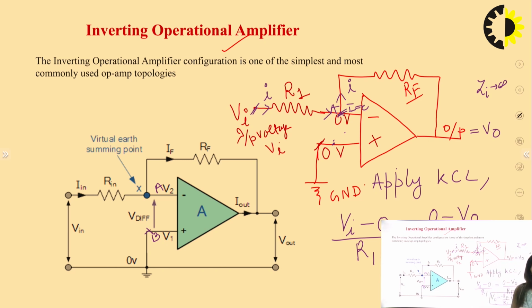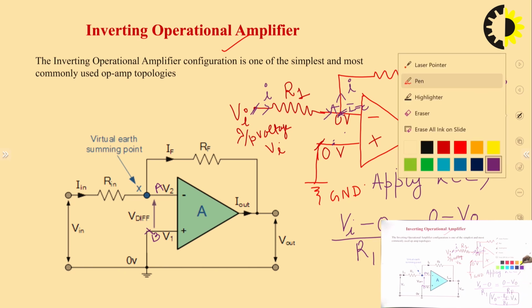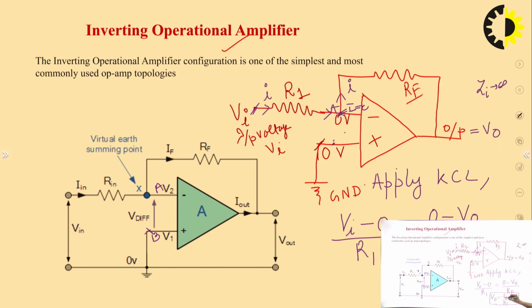Now this is all about the inverting operational amplifier. The output, you can see, is coming out with a negative sign. Here we can see the output is negative, right?